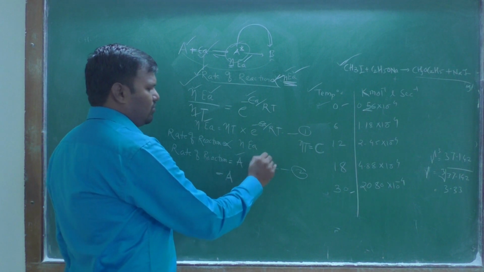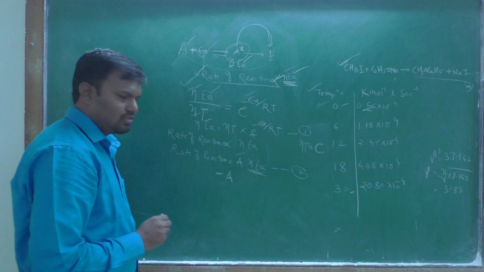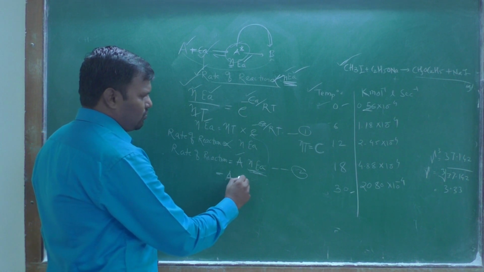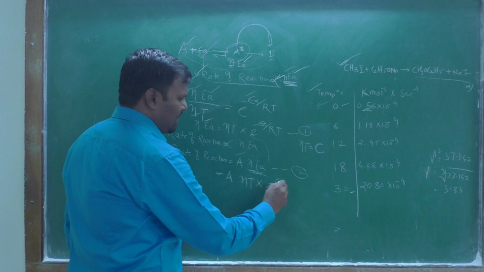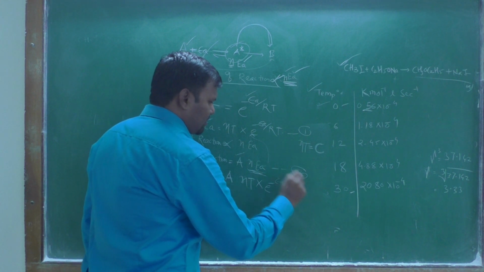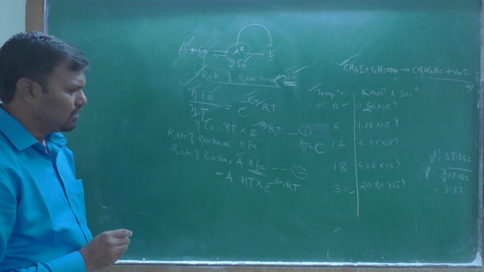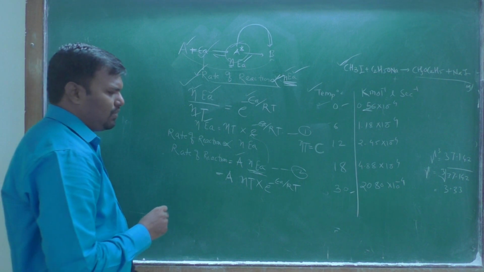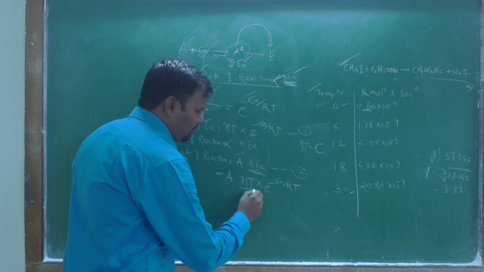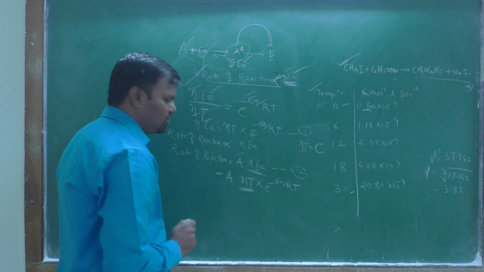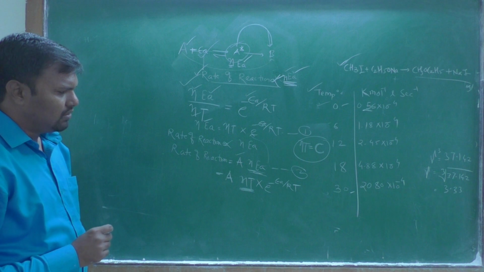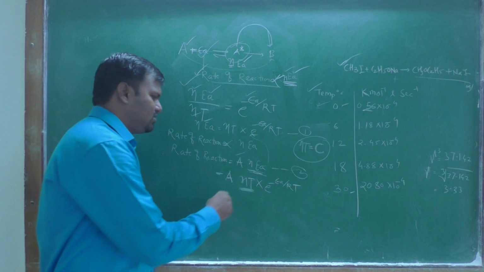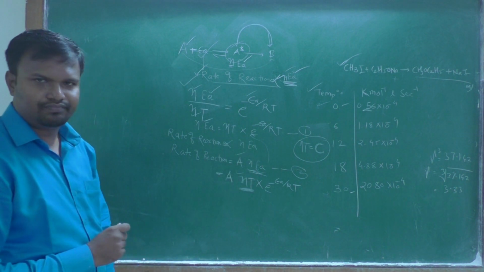Therefore, rate equals A into the total number of molecules into e raised to minus Ea upon RT. We previously discussed that the total number of reactant molecules is nothing but its concentration, so we can replace NT by the concentration.